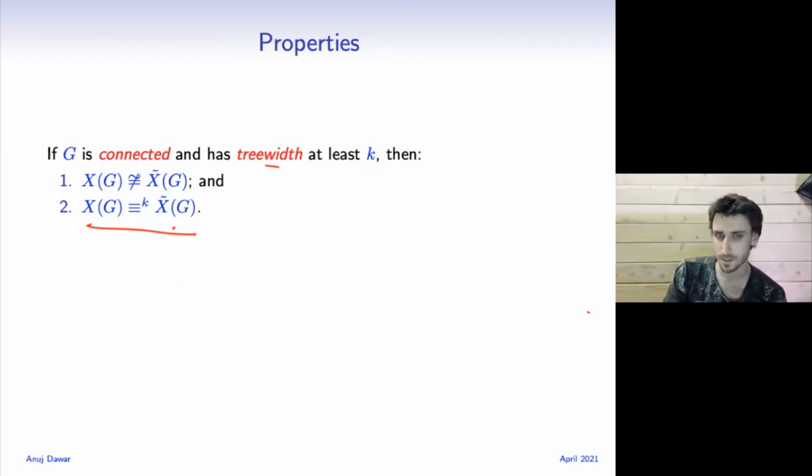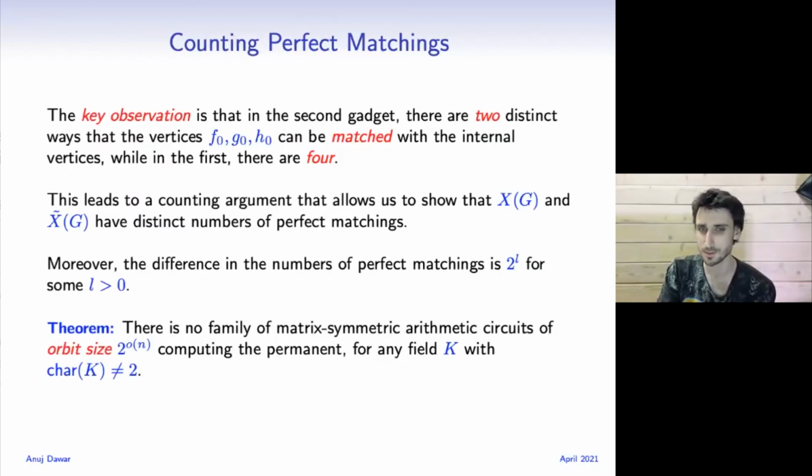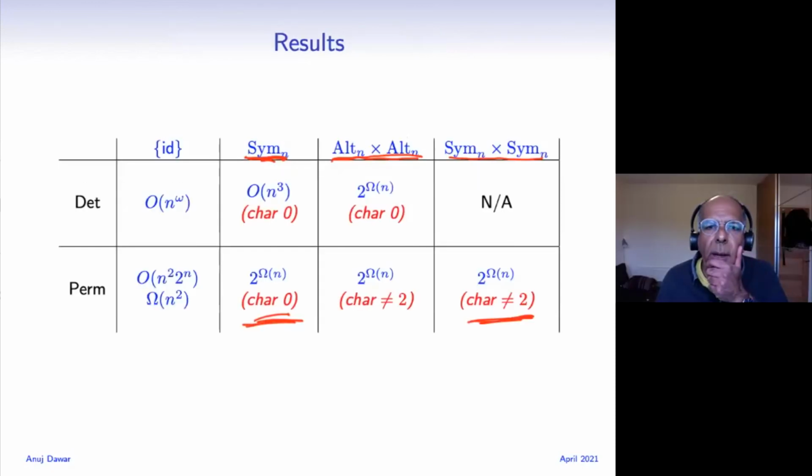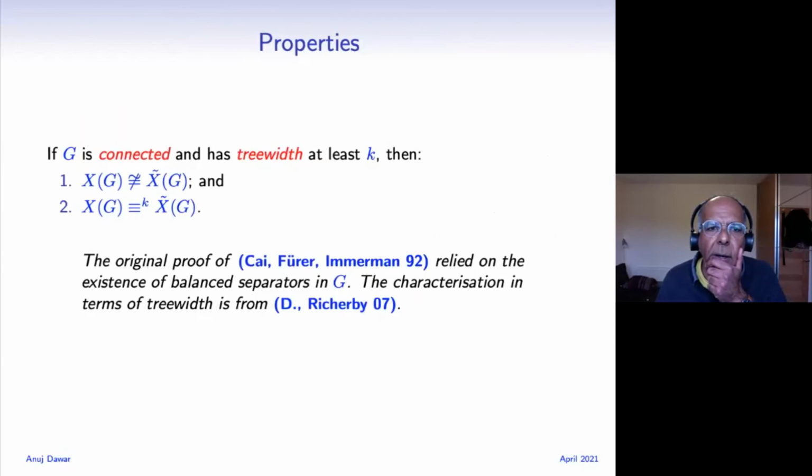Is this condition with tree width necessary or not? So I mentioned here the original Cai-Fürer-Immerman proof relied on the existence of balanced separators, and then we characterized it in terms of tree width.